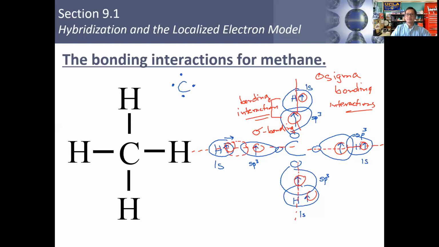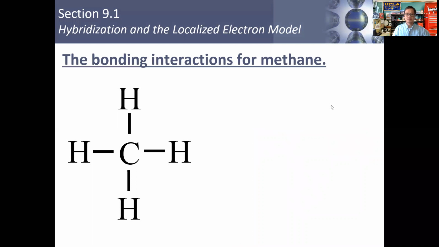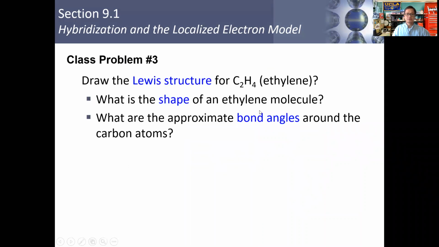Okay. Let's continue on then. I asked you to take a look at this molecule here, which is ethene, and I asked you to draw the Lewis dot structure for this to finish out with yesterday. So let's go ahead and draw the structure for it.